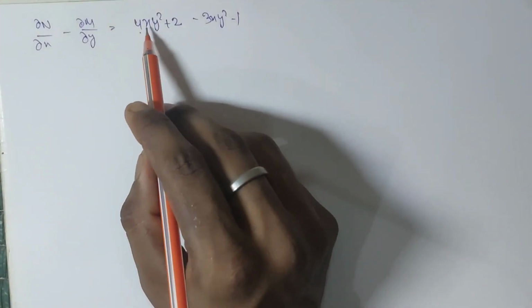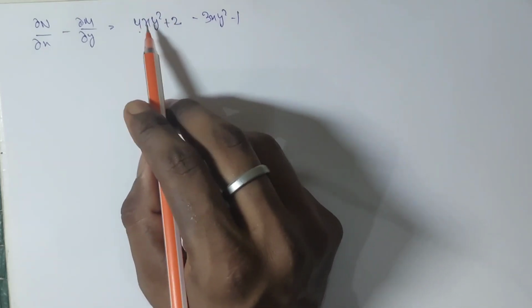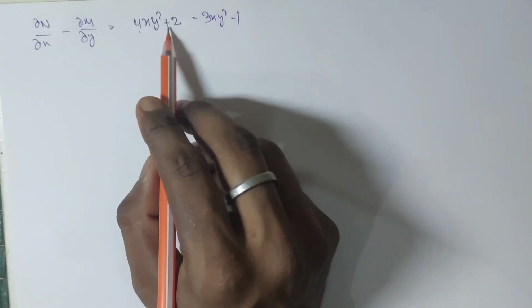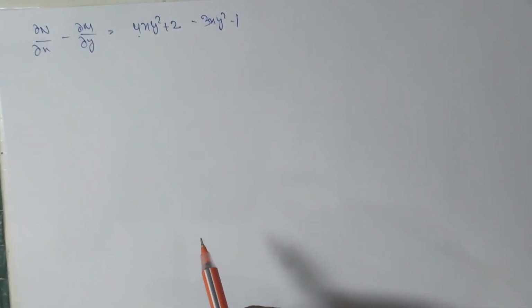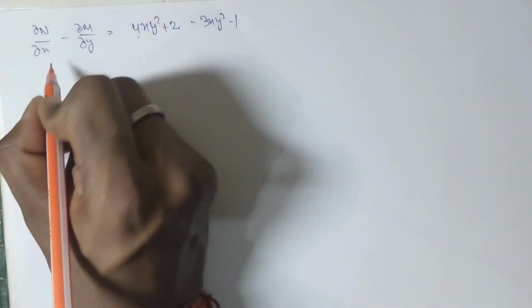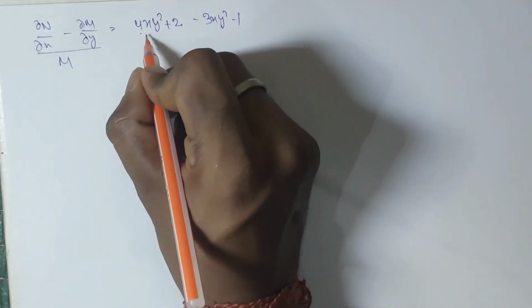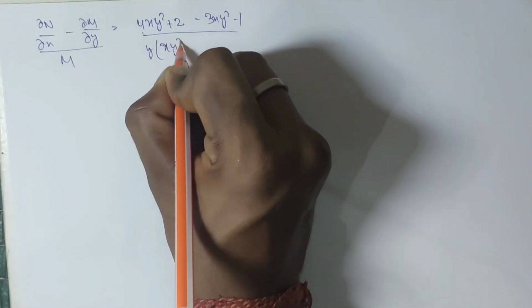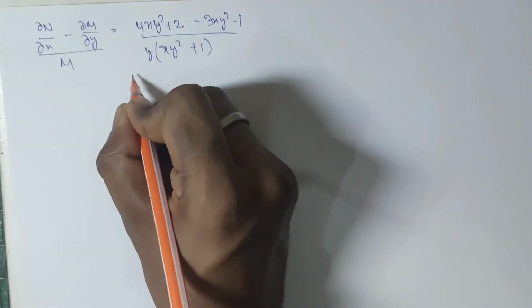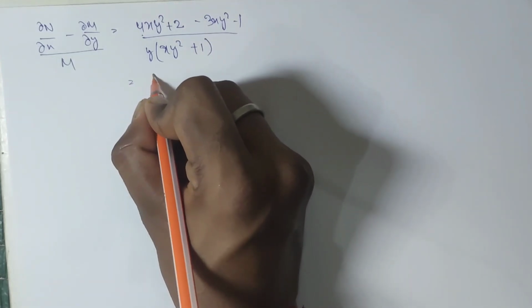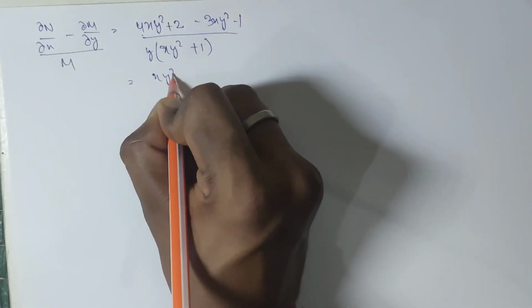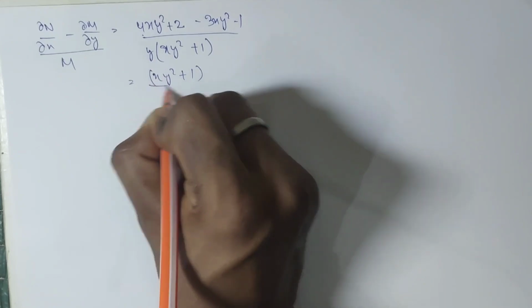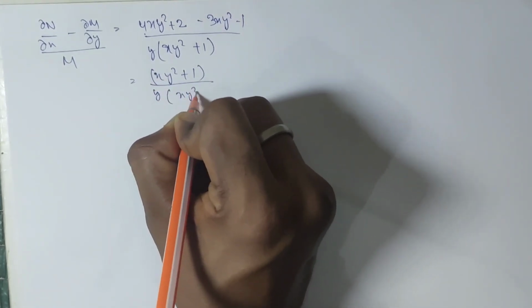As you can see, after subtraction we get xy square plus 1, and it is divisible by the M term, so we have to divide it by M. If we take out y from M, then it becomes y (xy square plus 1), so we get (xy square plus 1) by y (xy square plus 1).